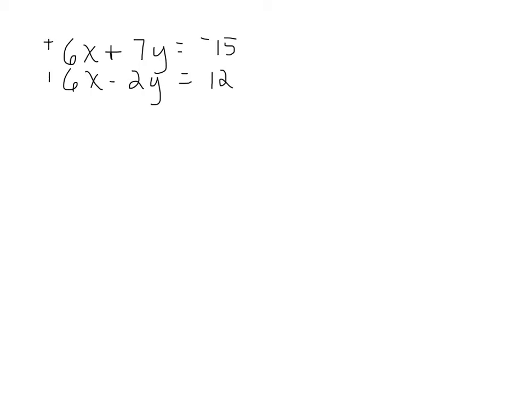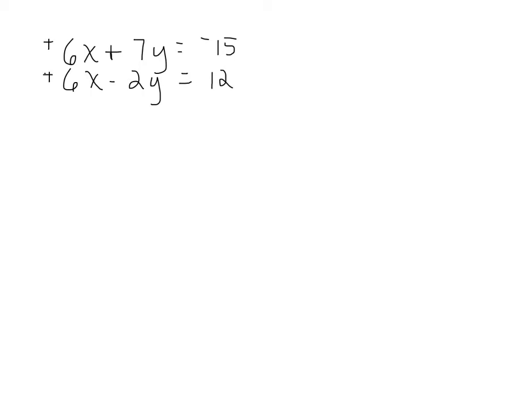Sometimes things might start out like 6x plus 7y is equal to negative 15, and 6x minus 2y is equal to 12. And at first glance, it might seem like we are able to use the addition method, but really, the 6x's are both positive right now, so that's not helpful.